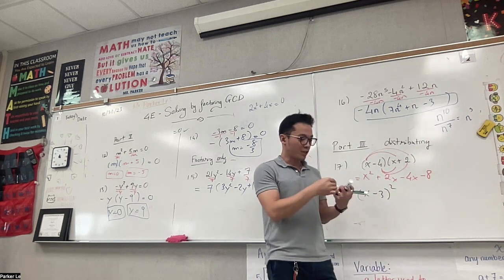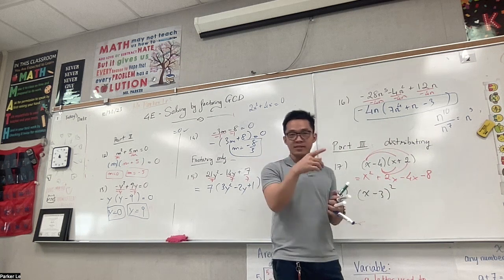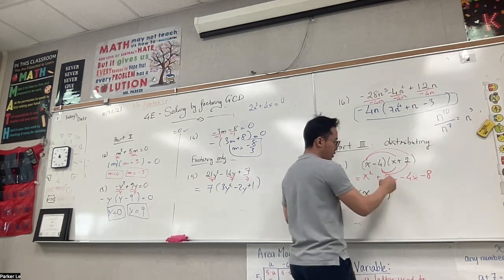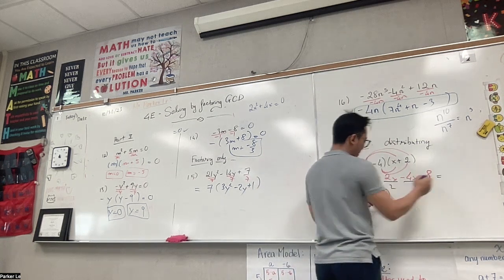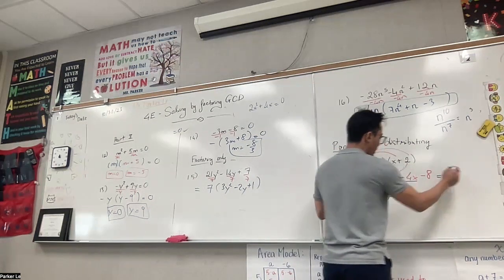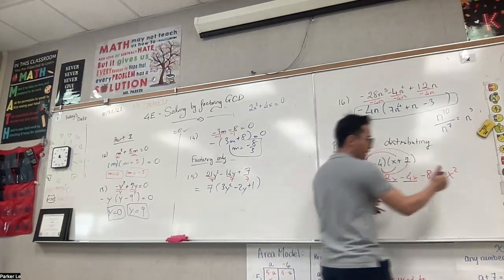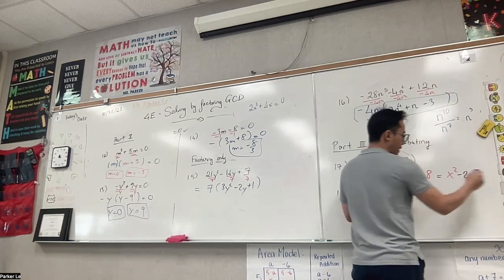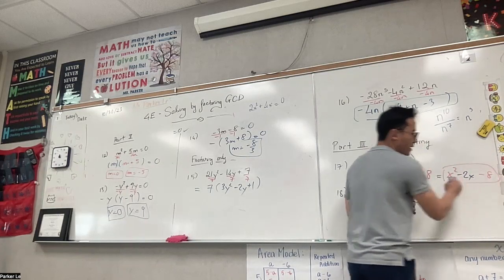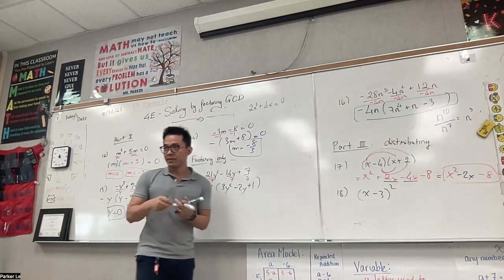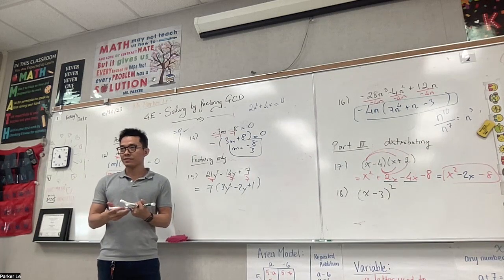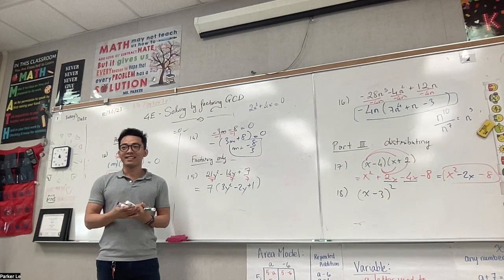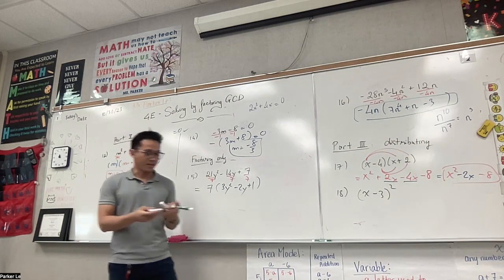No. You need to simplify by combining those two. 2x and negative 4x. What is this? x squared. What else? Minus 2x minus 8. That's the answer.